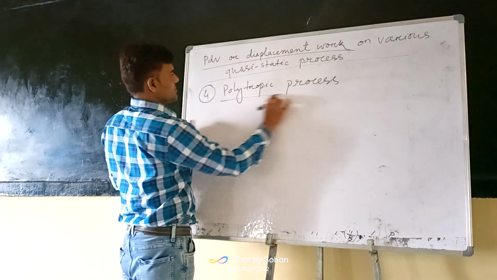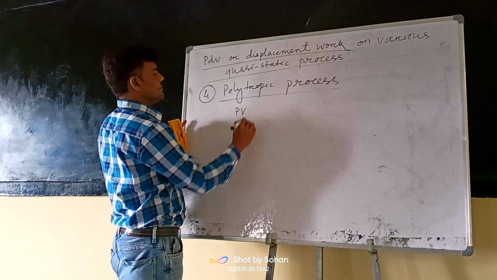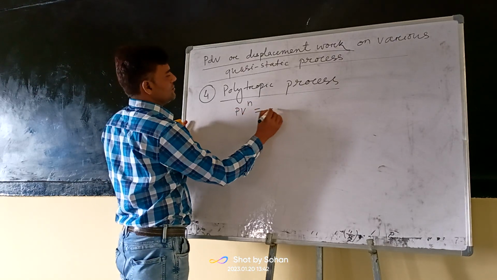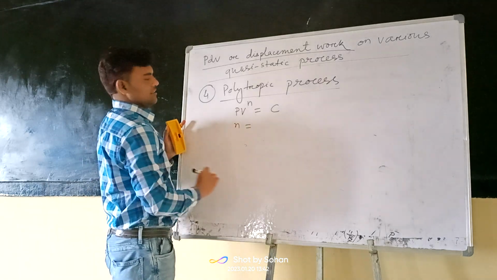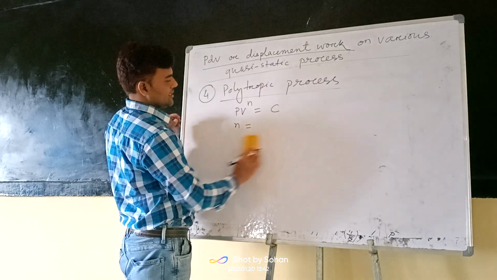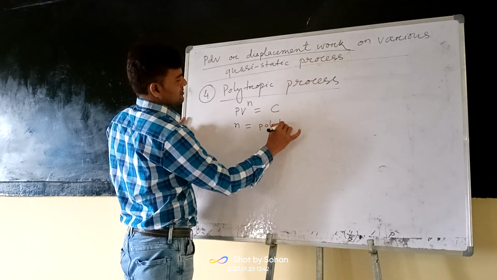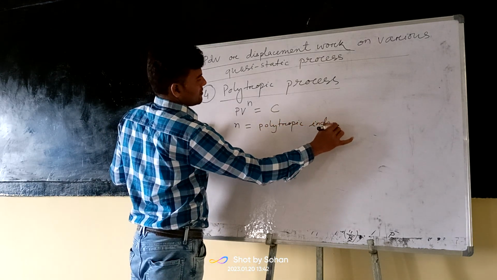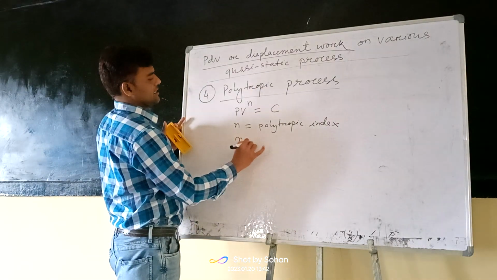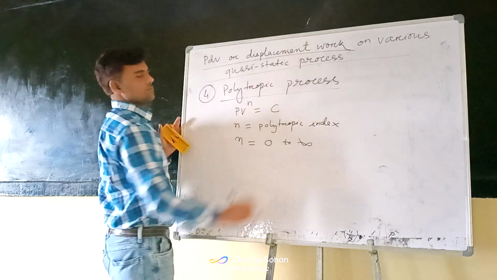The equation is PV to the power n equal to constant, where n is a constant and is known as the polytropic index. The value of n ranges from 0 to infinity.